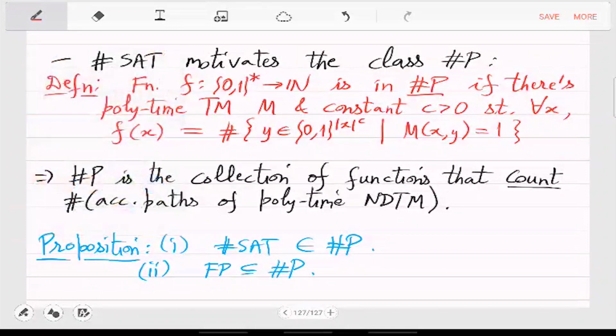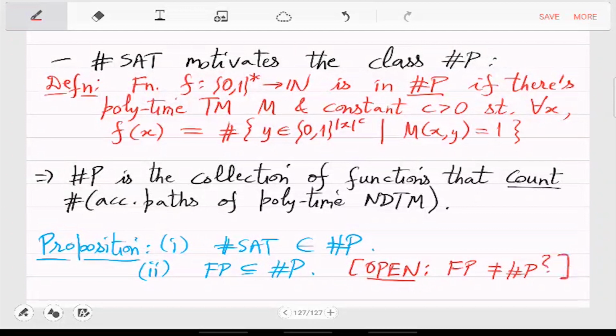So the open question here is whether FP is not equal to #P. Just like this is the counting version of P not equal to NP.